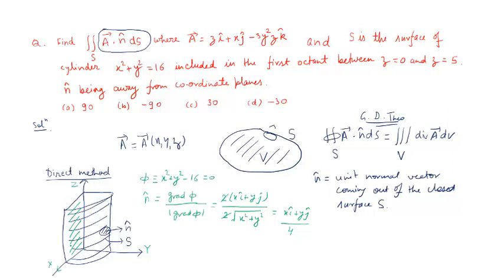You can see, suppose this projection is R, then I have already told you a formula to find ds, and ds will be equal to square root of 1 plus, since we are taking projection on the xz plane, it will be debur y upon debur x square plus debur y upon debur z square into dx into dz.